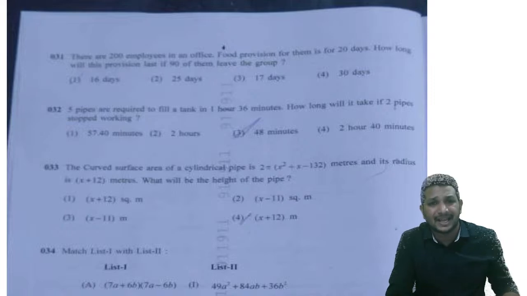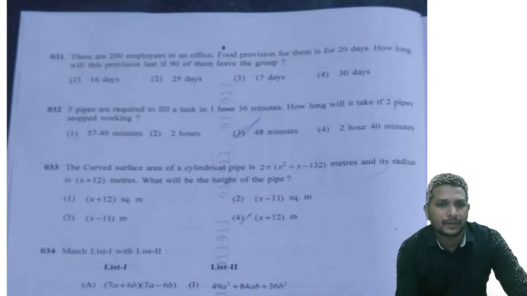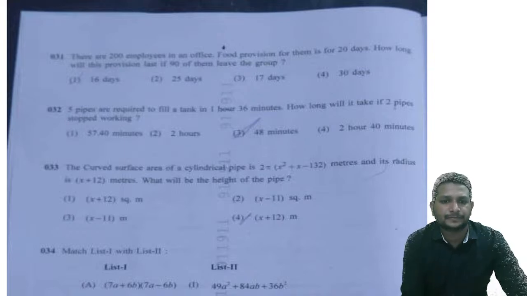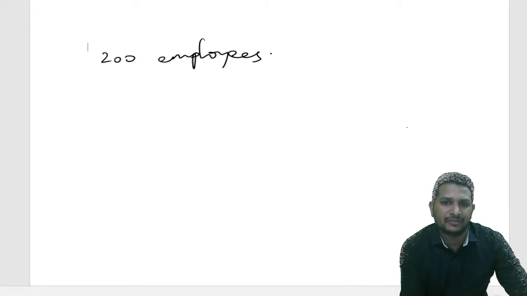Actually, you didn't get this answer. They gave the closest answer. So over here, how to find it: initially there are 200 people and the provisions will be for 20 days. Okay, let's see that calculation now. For 200 people or 200 employees, we got the food available for how many days? 20 days.